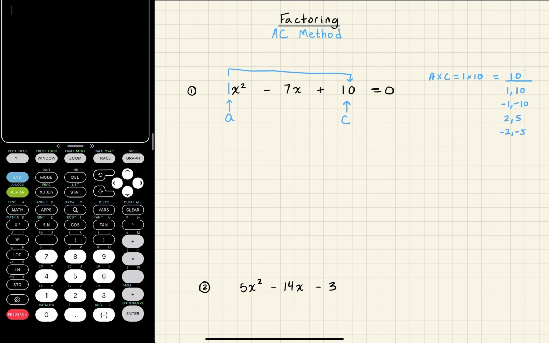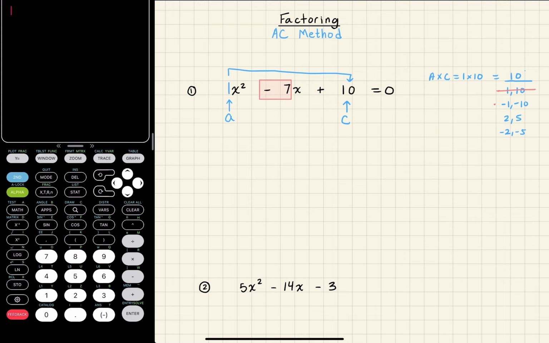Now we want to choose one set of these numbers that also adds up to this middle term. So we need to find a set of those numbers that we can combine to make a negative 7. So let's take a look here. 1 plus 10, that's 11. That's not going to give us a negative 7.